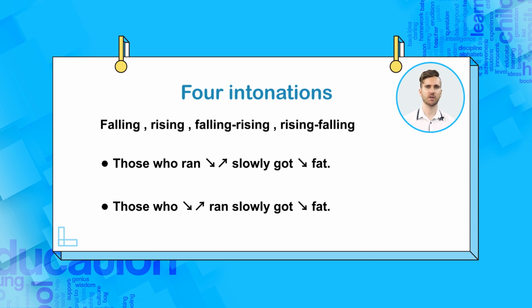I'll let you decide which is which. For this reason, intonation has a grammatical function, because the words do not change. Instead, intonation is essential to understand the basic meaning of the sentence.